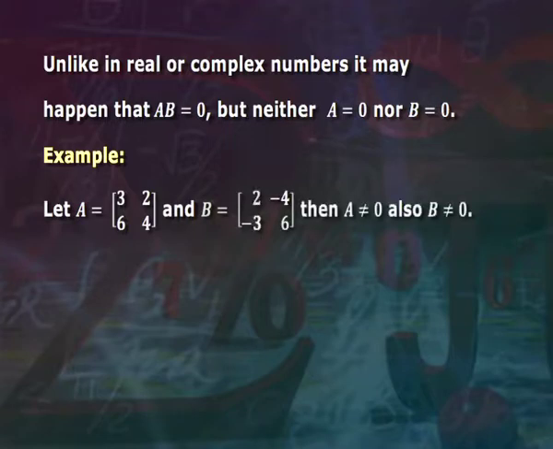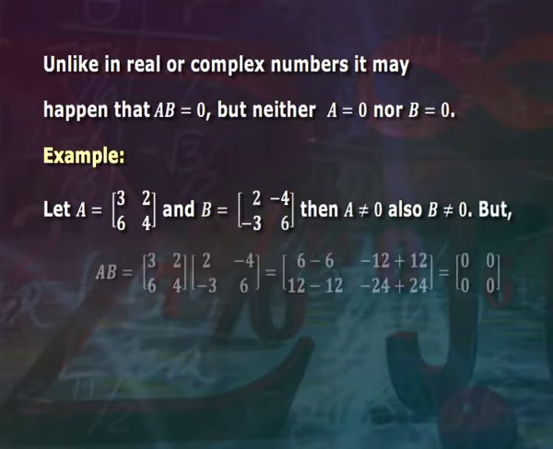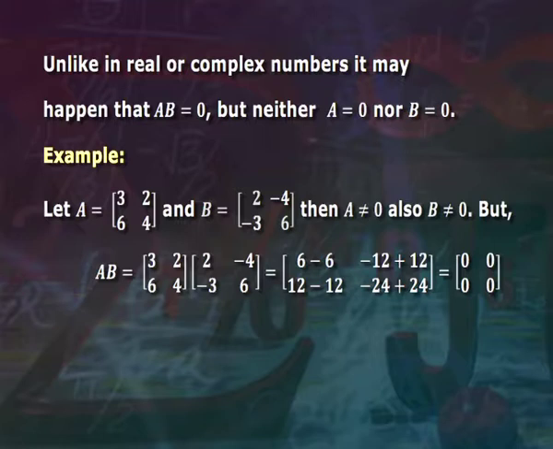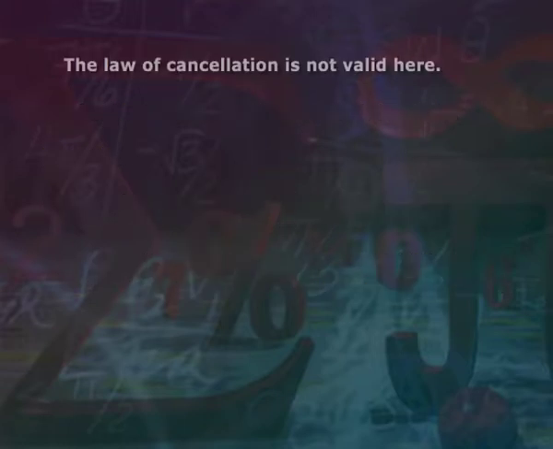Then A is not equal to 0, also B is not equal to 0, but AB, which is equal to [6 - 6, -12 + 12; 12 - 12, -24 + 24], which is equal to [0, 0; 0, 0].